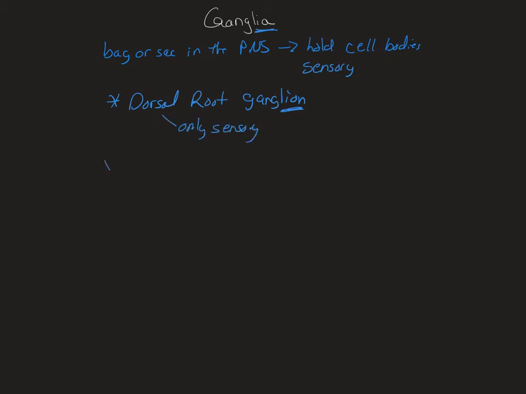The ones out in the peripheral nervous system that don't get special names can be motor or sensory. But when it is motor, it is typically autonomic motor. We are keeping the voluntary motor in the brain and spinal cord. And we'll do more of that later. Okay, let's actually look at the structure of a ganglion.